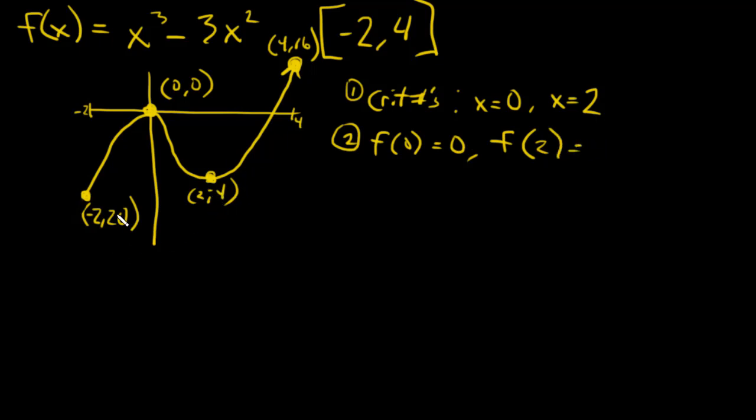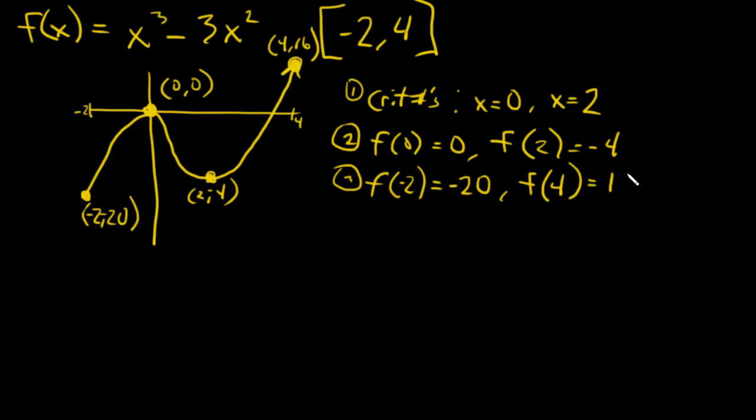That's a -20, isn't it? Yeah, don't let me get away with stuff like that. So negative 4. And then step 3, plug in my endpoints. Well, f of negative 2 is negative 20, and f at positive 4 is 16.